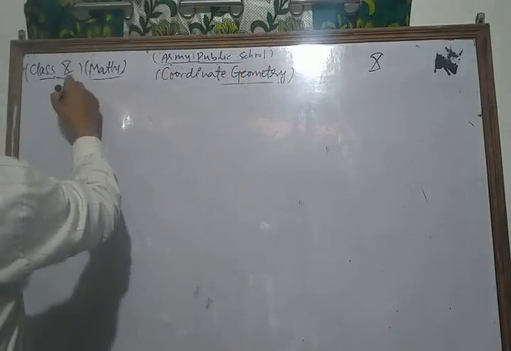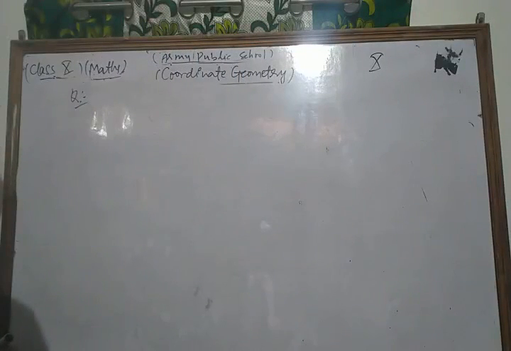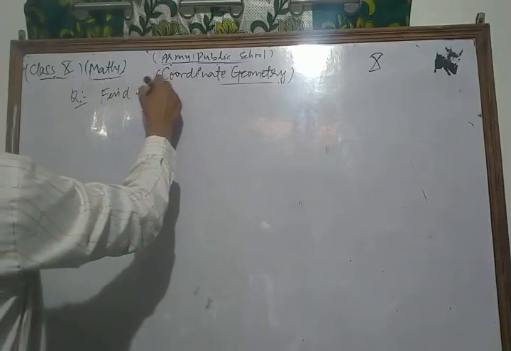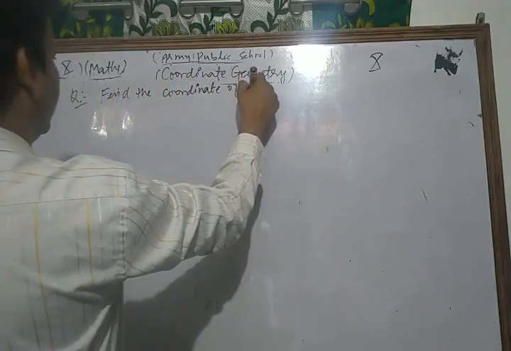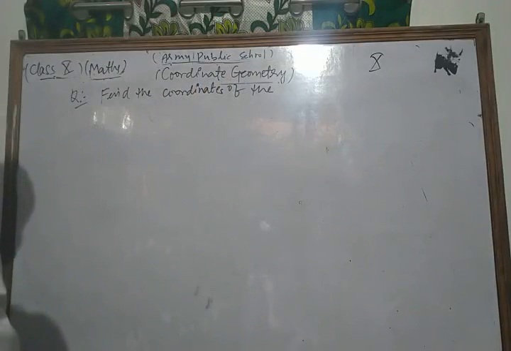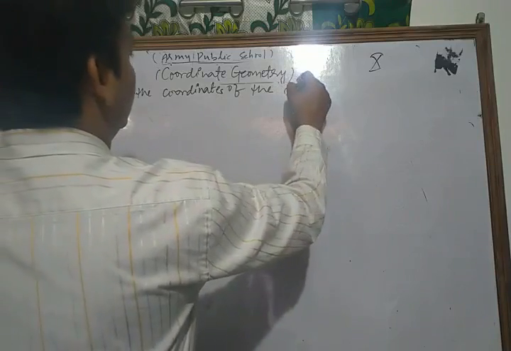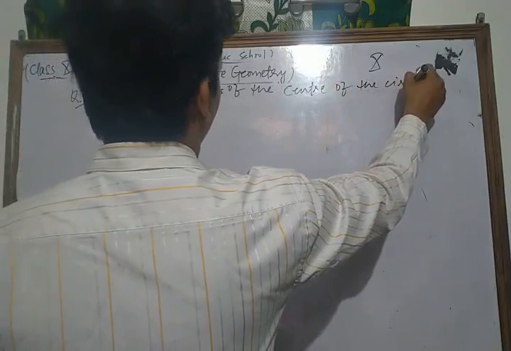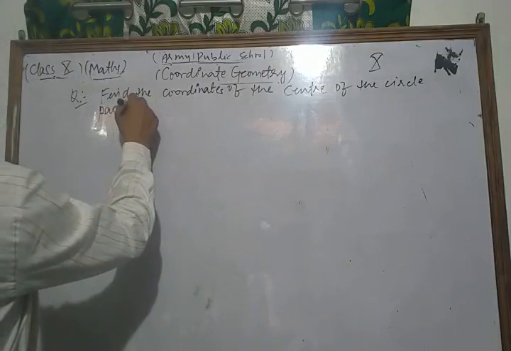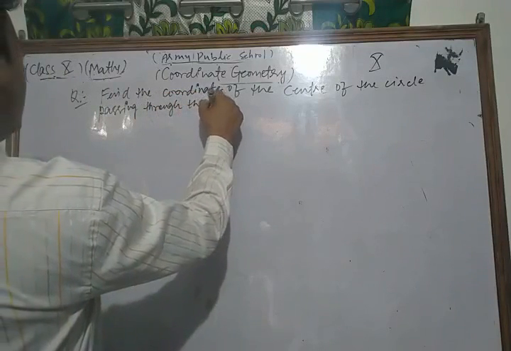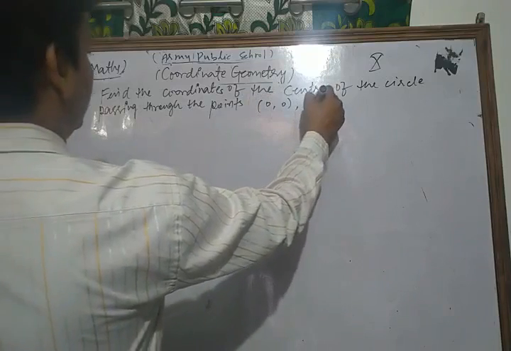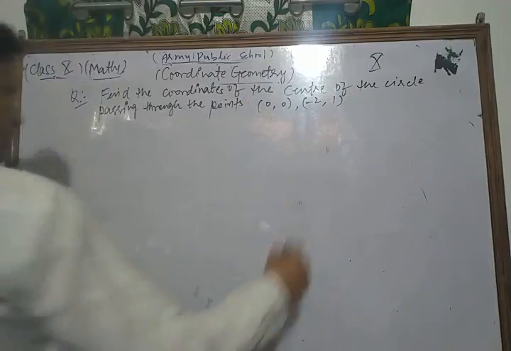Let's see, dear students, this is a very important question. The question is: find the coordinates of the center of the circle passing through the points (0, 0), (-2, 1), and (-3, 2).